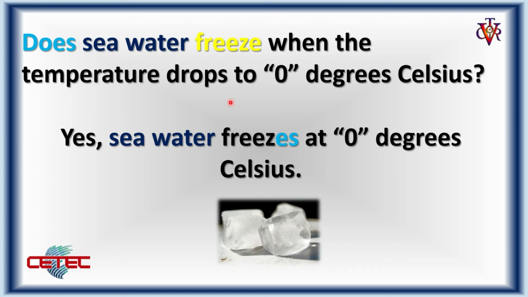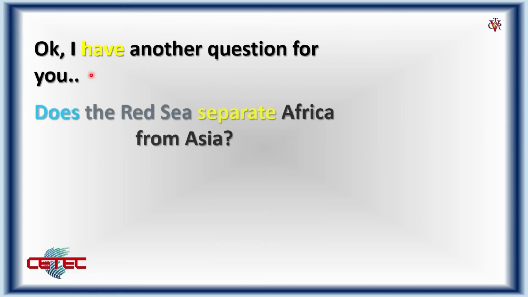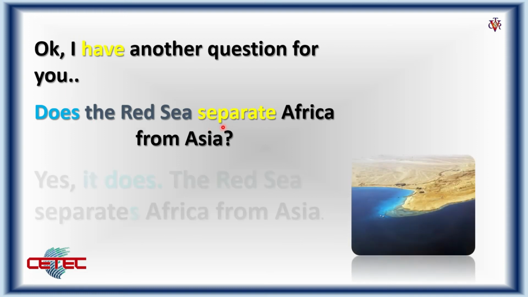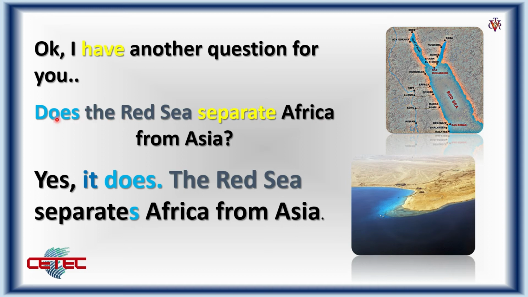Now let's see another question. Okay, I have another question for you. Does the Red Sea separate Africa from Asia? Yes, it does. The Red Sea separates Africa from Asia. Let's see, in here, the structure does is to start a question. And here, the Red Sea, they use it because it's a thing. The verb, separate, from one place to another place.